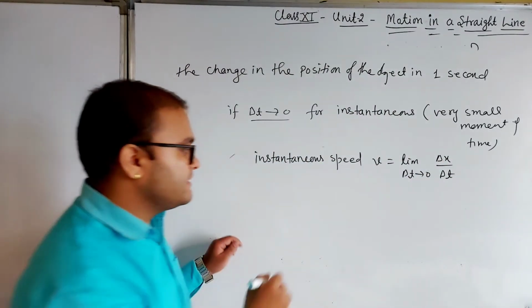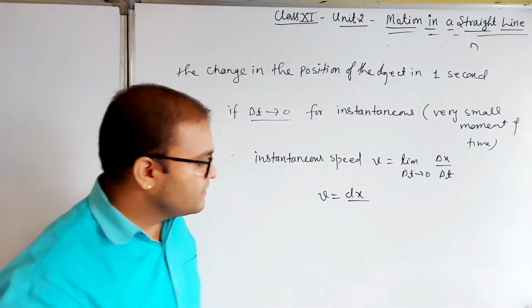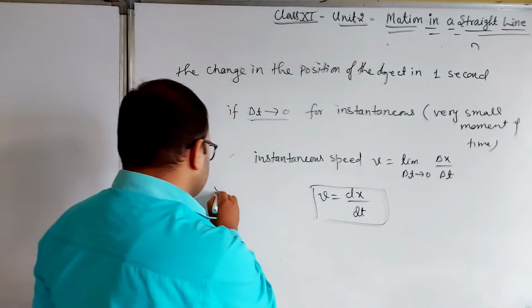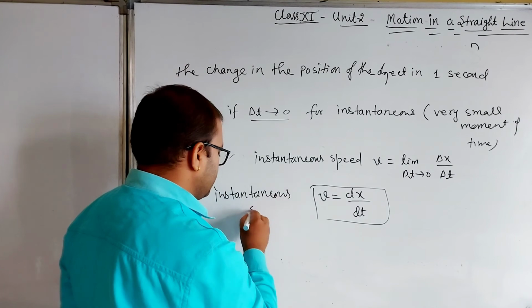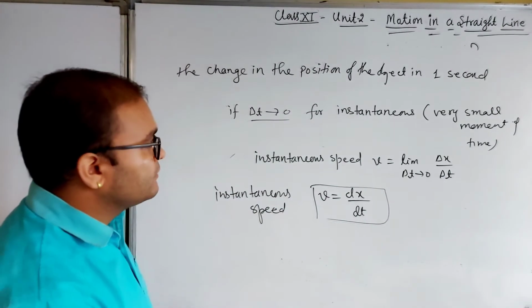Okay, instantaneous speed, generally we defined in the differentiation lecture also, mathematical tools in physics, v equal to dx upon dt. This is the instantaneous speed of the object. Okay, so you can note down this one.